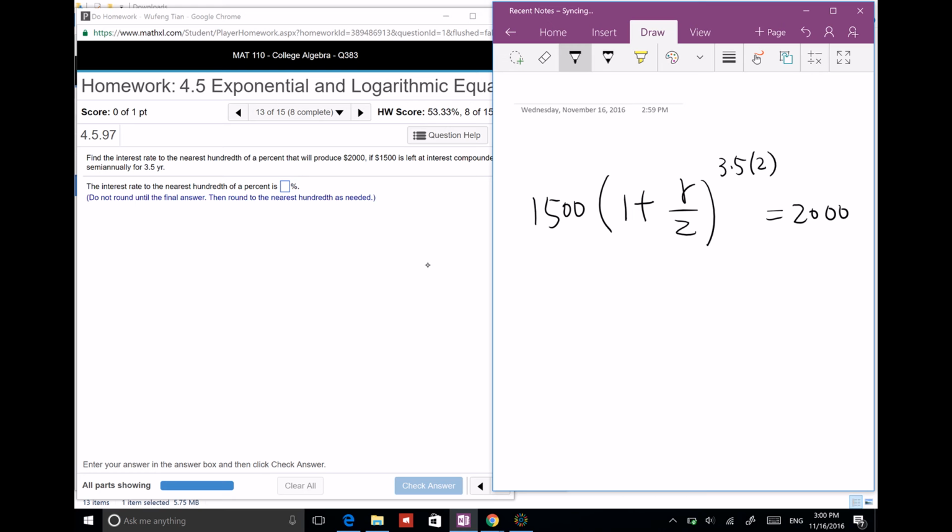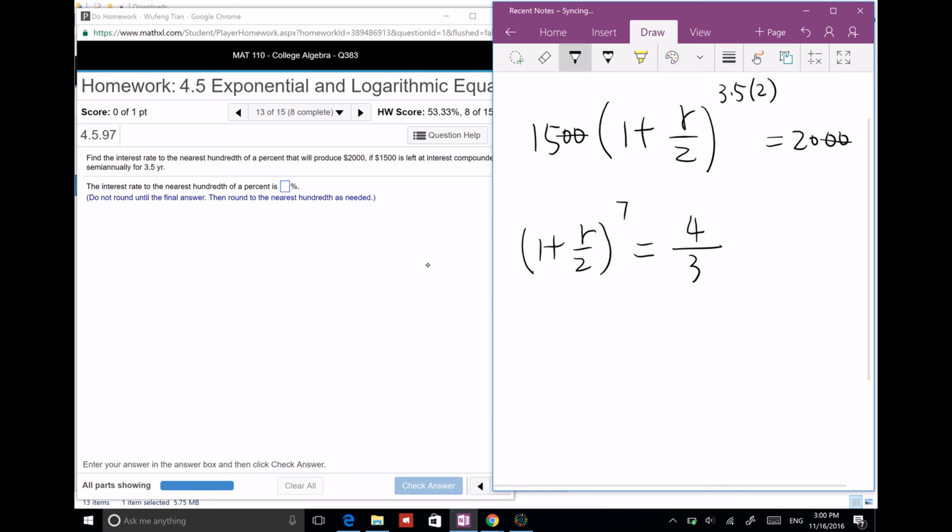So what do we need to do? We've got 1 plus r over 2 to the power 7 equals 2000 over 1500, can't reduce by 100, so it's going to be 4 over 3. So I can take ln on both sides: 7 ln of 1 plus r over 2 equals ln of 4 over 3.